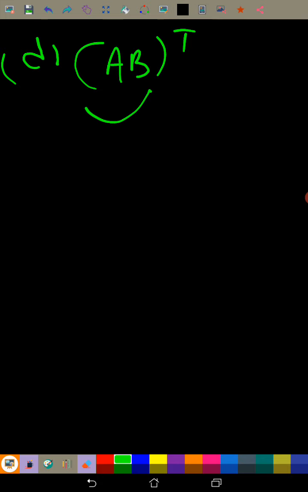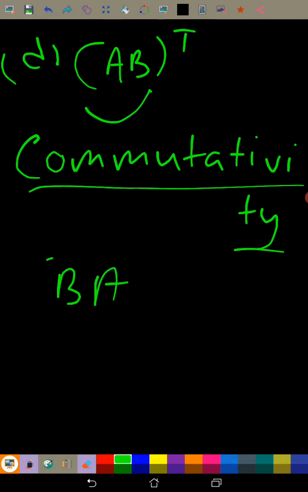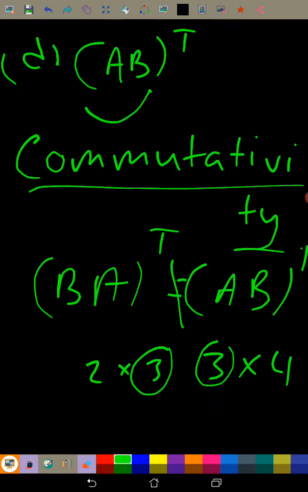Like I said, commutativity, if this word exists. So here we cannot say that (AB) transpose is equal to A transpose B transpose. Not true. Especially in matrices, because we need to have the same inner dimensions to be able to multiply them.